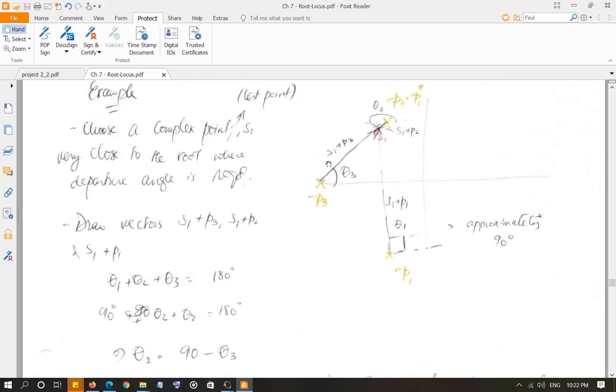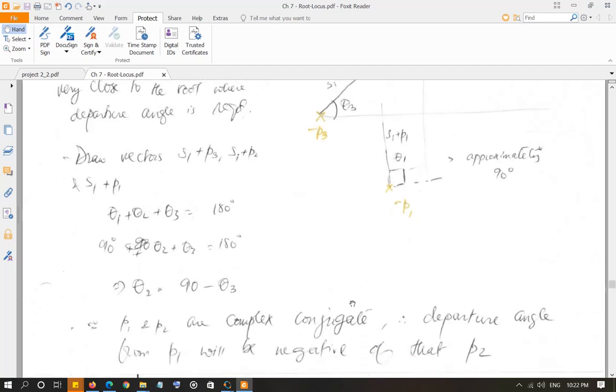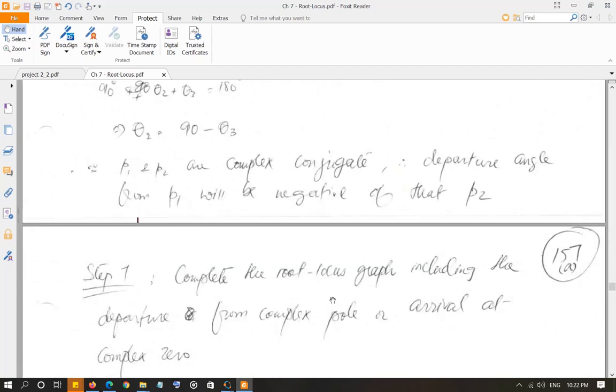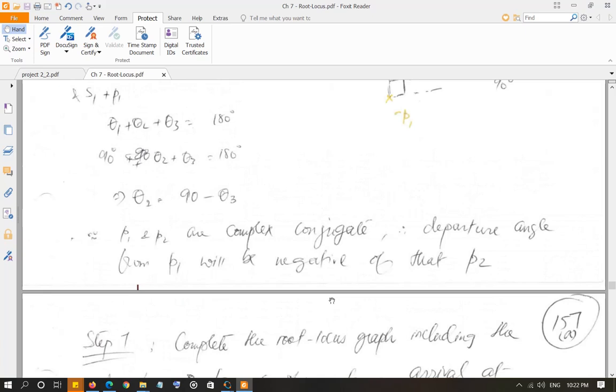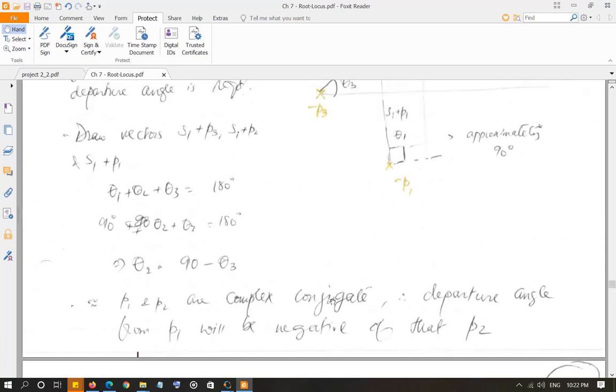If we know the value of theta 3, which we'll find when we do an example with numbers, then we can figure out the theta 2 value. Okay, so this will be step 6. Again, we're going to solve the whole problem, and this step will be part of the problem.